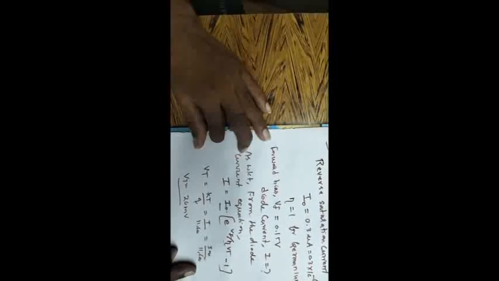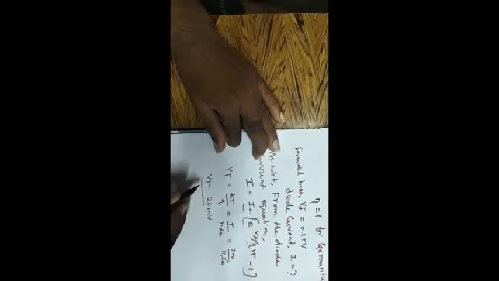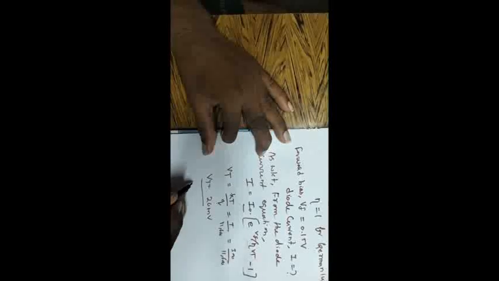So what is the value of temperature T? That is 300 divided by 11,600. So finally Vt equals 26 millivolts. This is the value of Vt when you calculate it, right? Now that we have this value, you should substitute it in the diode current equation.